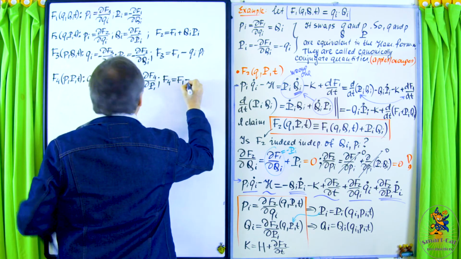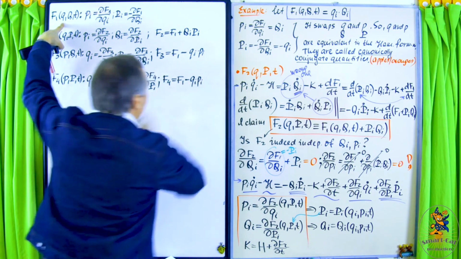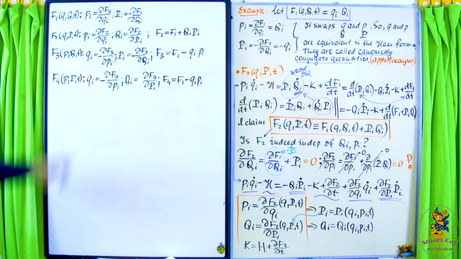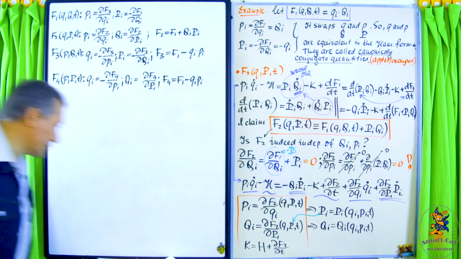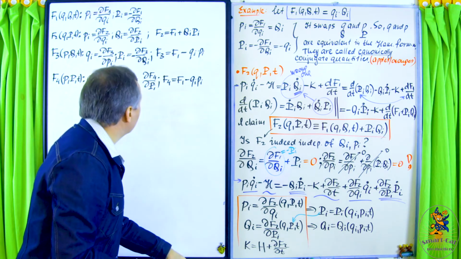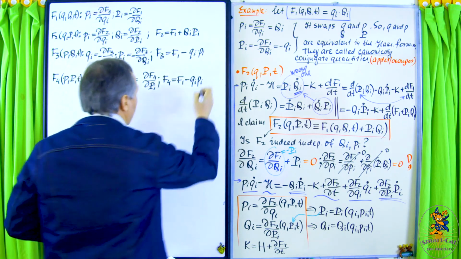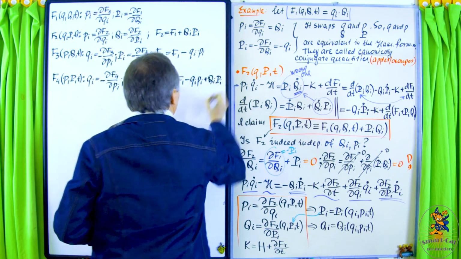To get rid of q small, p small, with minus, and introduce q capital, p capital, we must have... wait, just a second. This is minus, and then plus q capital, p capital.